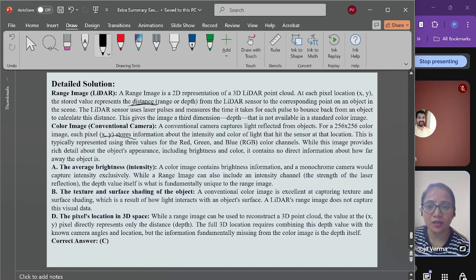And the other one is the pixel's location in 3D space. While the range image can be used to reconstruct the 3D point cloud, the value at the XY pixel directly represents only the distance. The full 3D location requires combining the depth value with the camera angles and location, but the information fundamentally missing from the color image is the depth itself.